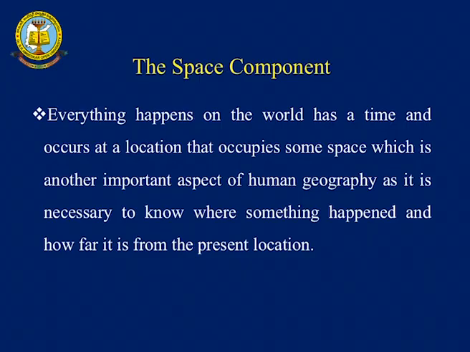What do you mean by space? Whenever a geographical phenomena or geographical event takes place, where does it happen? It happens at some place or location, isn't it? To state the location with respect to some reference, we use this space component. For example, everything that happens in the world has a time and occurs at a location that it occupies.